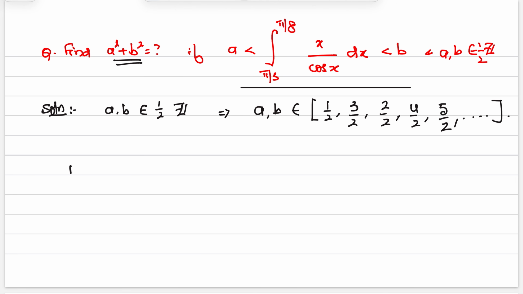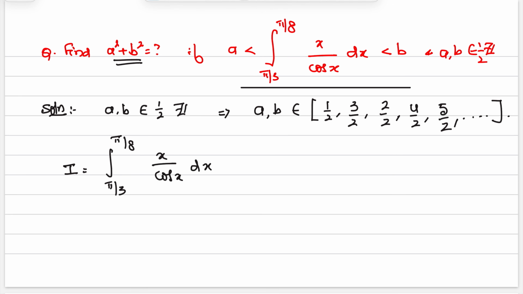Let us say the definite integral I is equal to the integral from pi by 3 to pi by 8 of x by cos x dx.